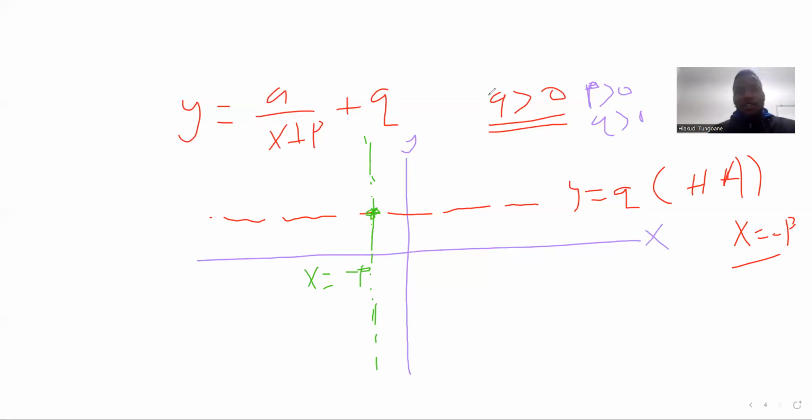Now you have 4 quadrants, right? A is positive, so our graph is going to be in this quadrant. Remember, it can never touch this line. It's going to continue going upward, but can never touch that line. This is our graph.